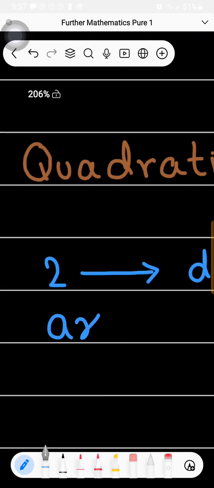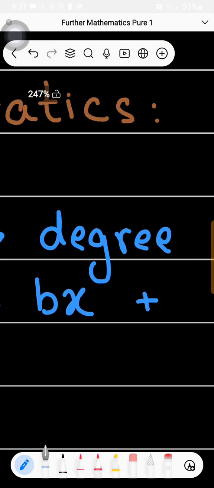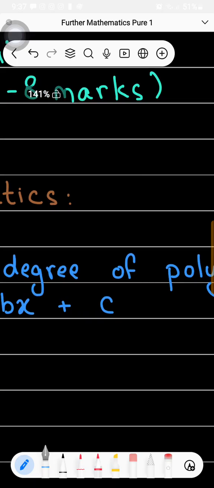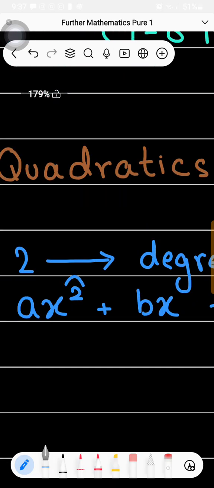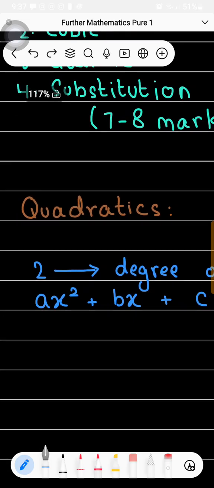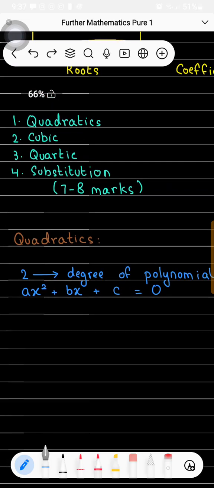Its general structure is ax square plus bx plus c equal to 0, where the maximum power of x is 2. Okay, so now let's derive the formula for this chapter and quadratics.